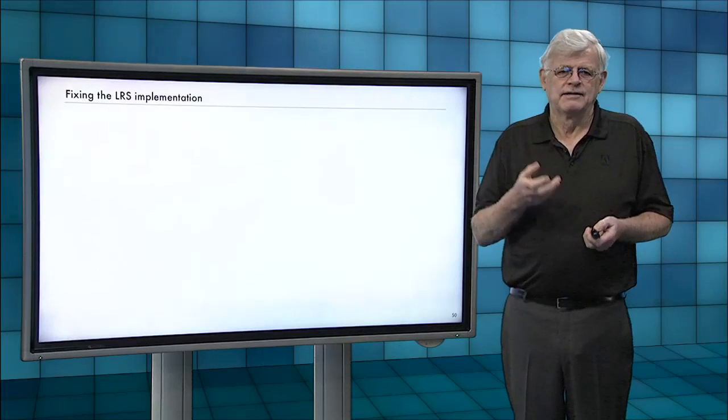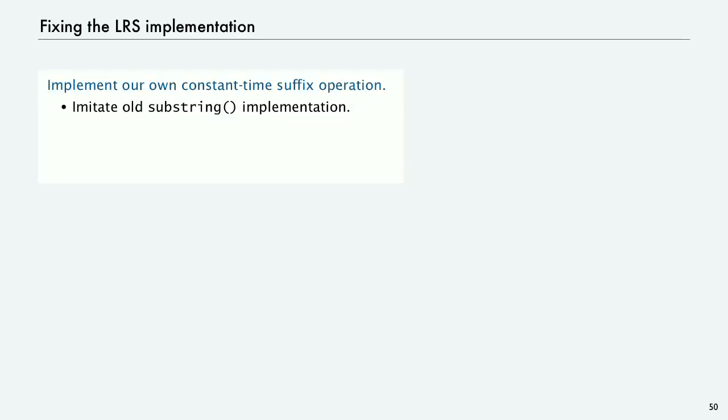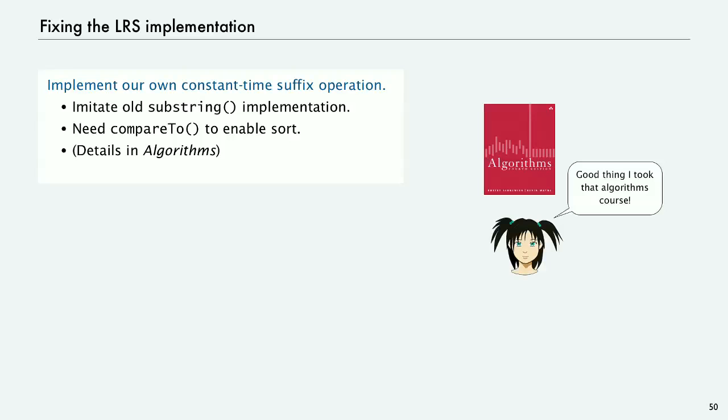So this is not too hard to fix. What you can do is implement our own constant time operation, which imitates the old implementation. We have to implement a compareTo method to enable the sort, but that's not too big a deal. And the details of this are covered in our algorithms course. So Alice, for example, is in good shape.